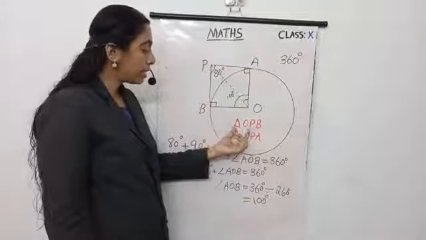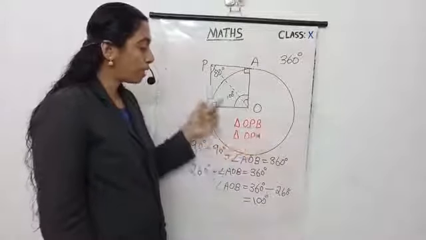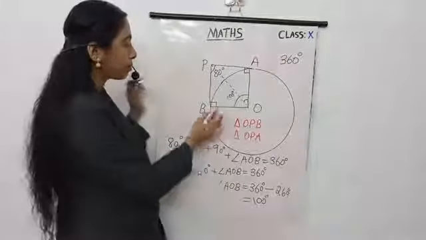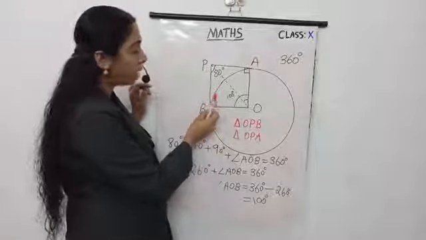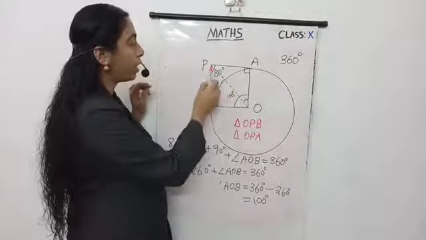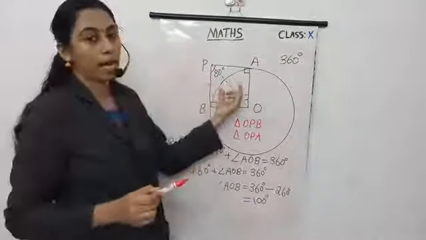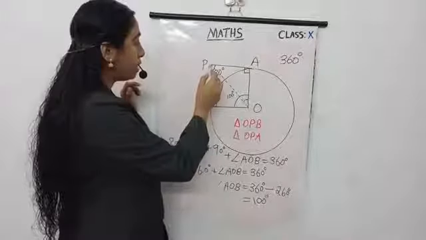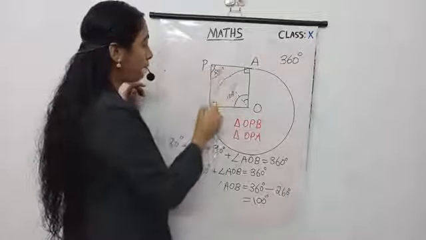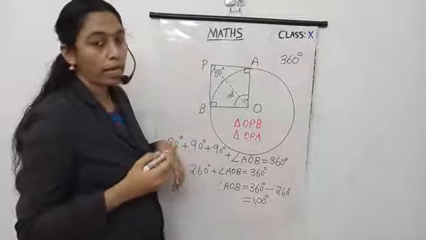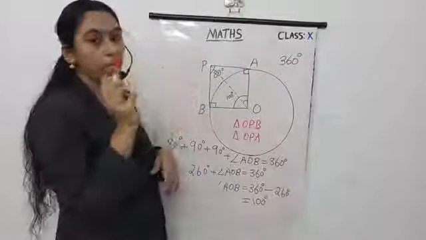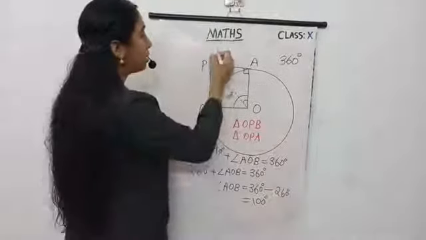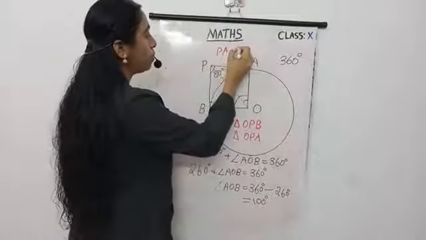Now consider triangle OPB and triangle OPA, these two triangles. PA and PB are equal. Why? Both are tangents drawn from the same external point. That means PA is equal to PB.